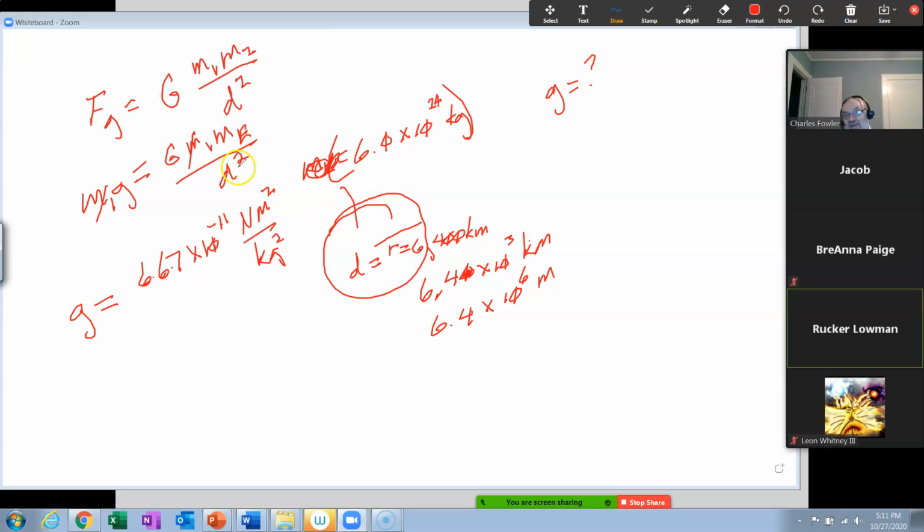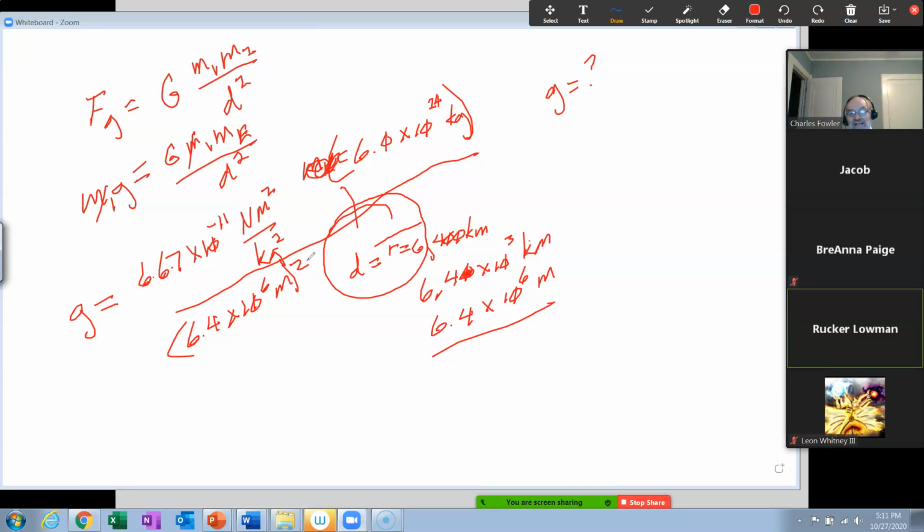Times that, divided by the distance squared. Well, there's the distance squared. So this is divided by 6.4 times 10 to the 6th meters squared. So that's how we're going to proceed here.